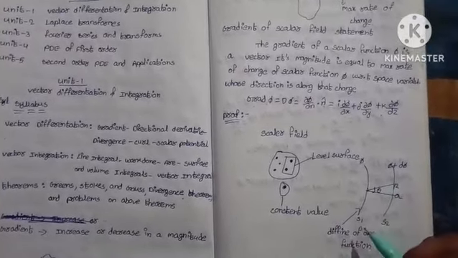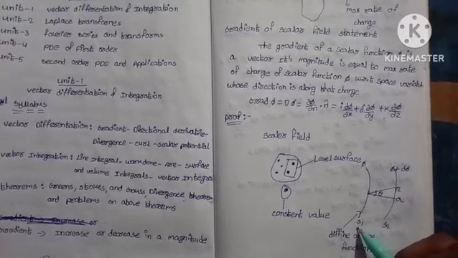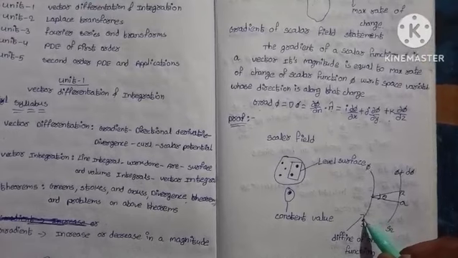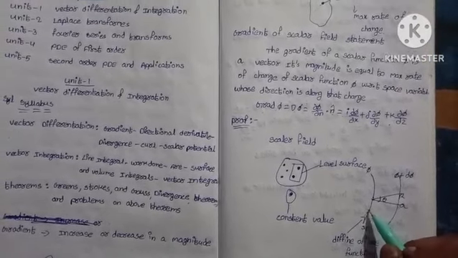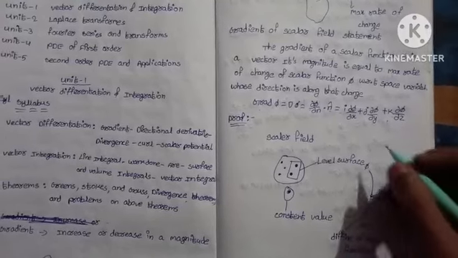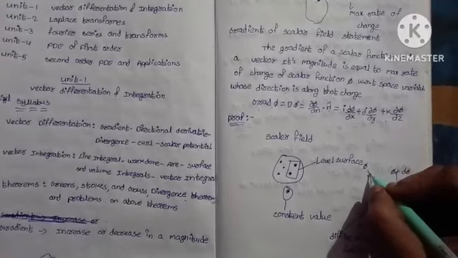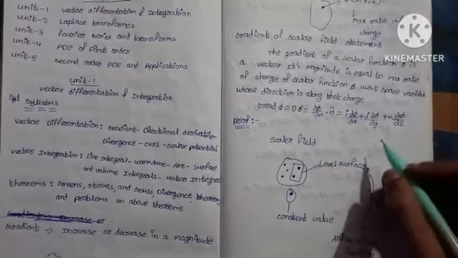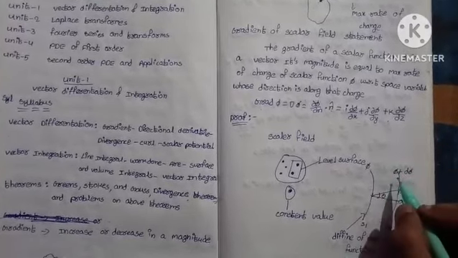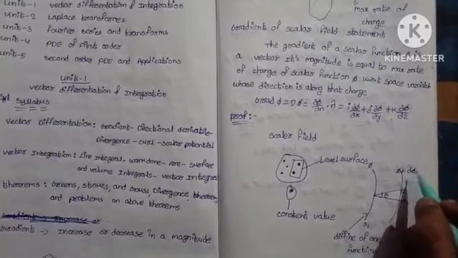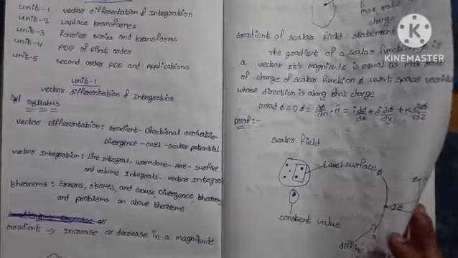This is the S1 surface, level surface 1, level surface 2. Differentiate on level surface 1, defined by one function. This function is phi, and this function is phi plus d phi.